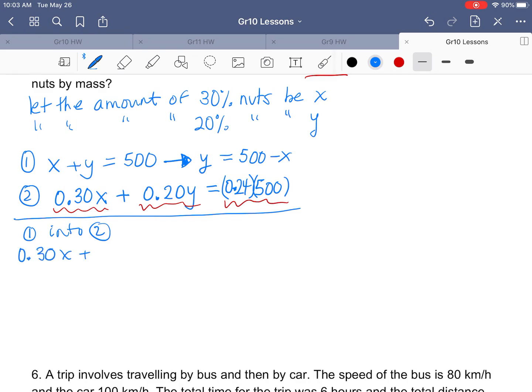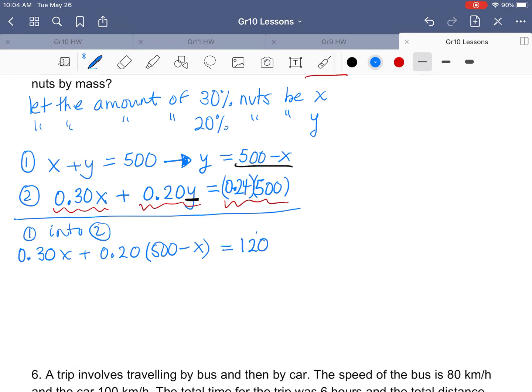So 0.30x plus 0.20. And now instead of y, here we're going to put that 500 minus x. And that is going to be equal to 0.24 times 500. And that gives us 120.